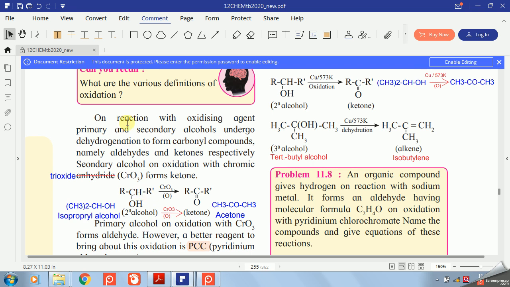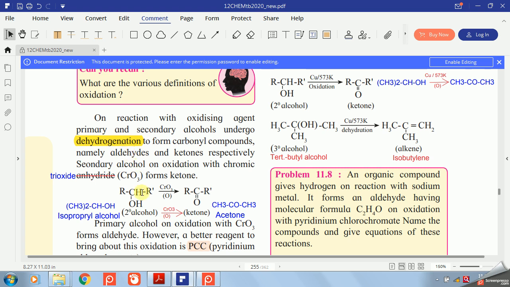On reaction with an oxidizing agent, all your primary and secondary alcohols undergo removal of hydrogen. The name of the reaction is dehydrogenation. So this is another definition of oxidation: addition of oxygen or removal of hydrogen, that is dehydrogenation, means oxidation.